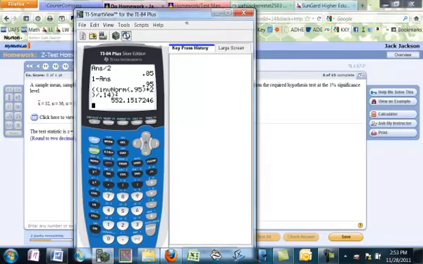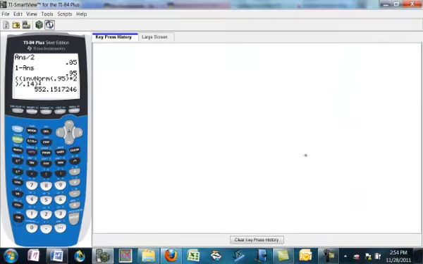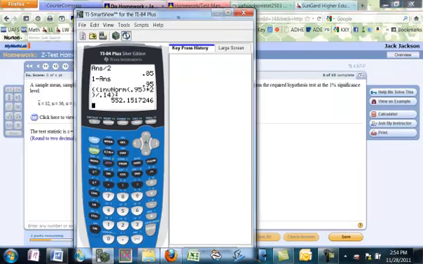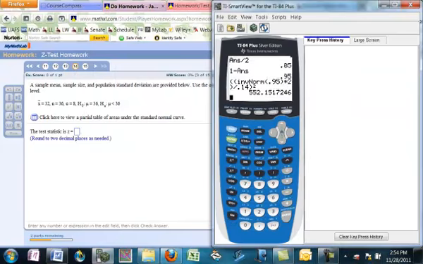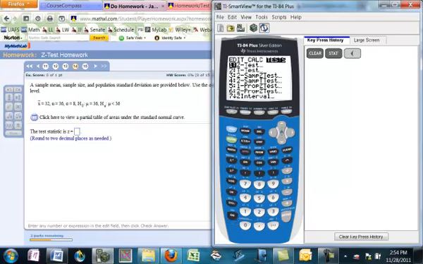So, we're going to clear that out. Let's just do this. And clear everything out here. Now we're going to go to Stat, Test again. And this is a z-test, so it's number 1. And we're entering the information from the summary statistics.